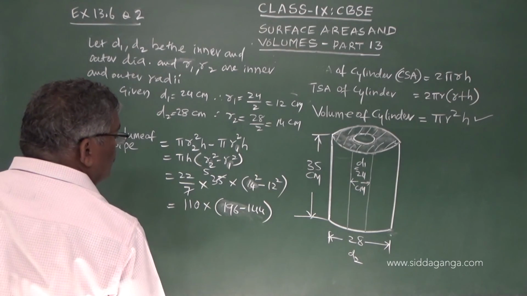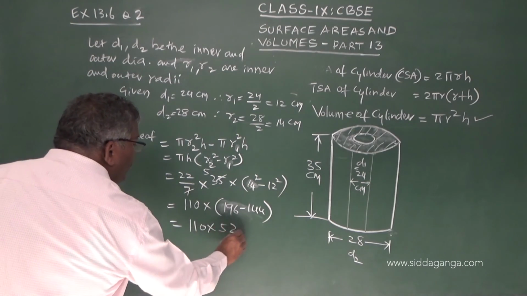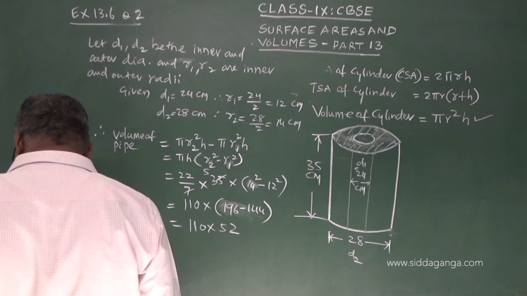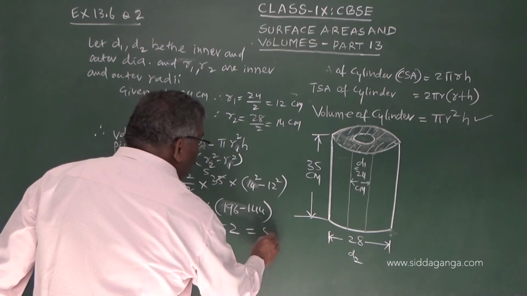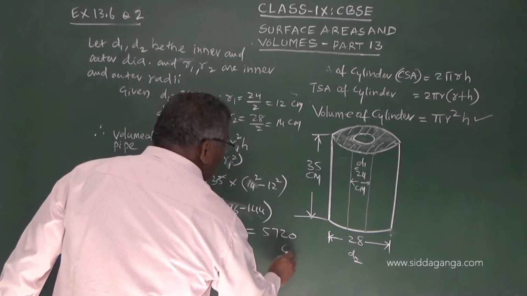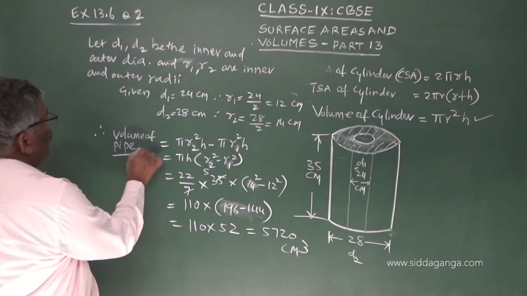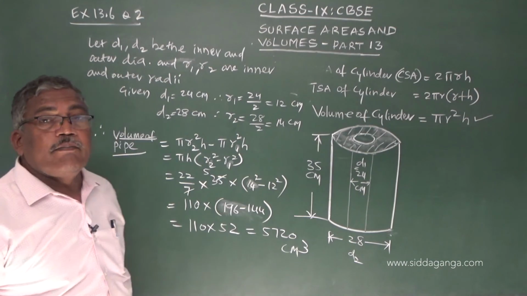So that is 52. 110 into 52, 5720 centimeter cube is the volume of pipe.